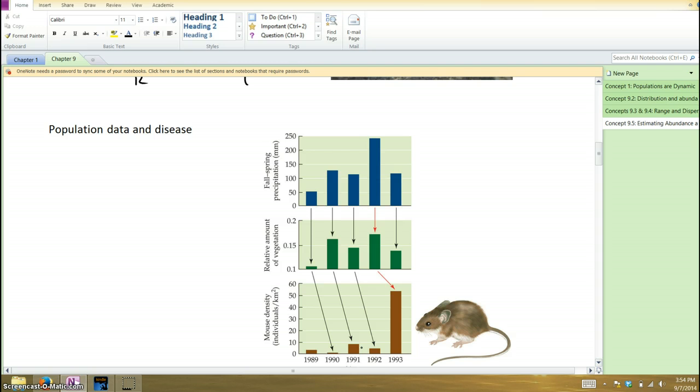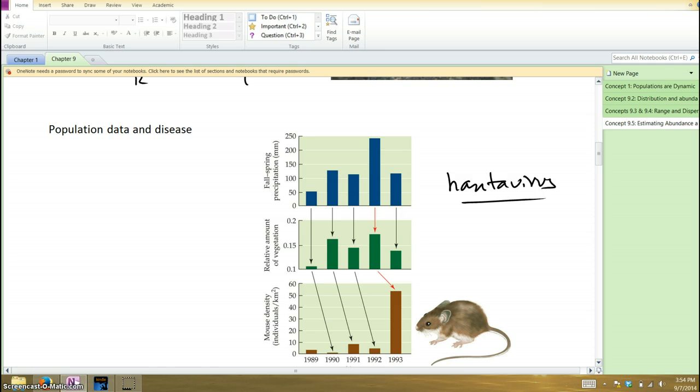But they noticed that there was a particular outbreak of this disease in people, and this disease is known as hantavirus. And it was kind of surprising that there was this outbreak all of a sudden.